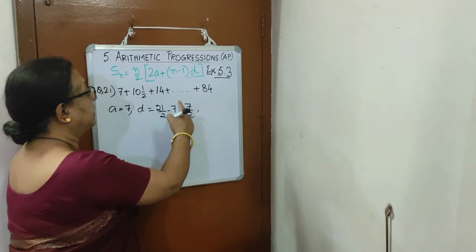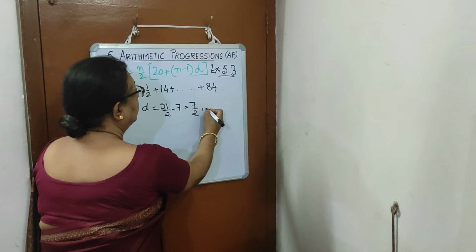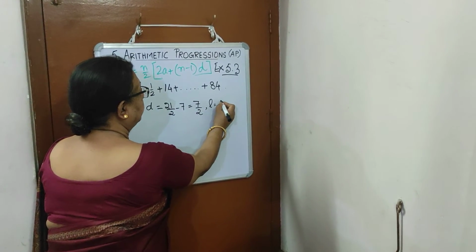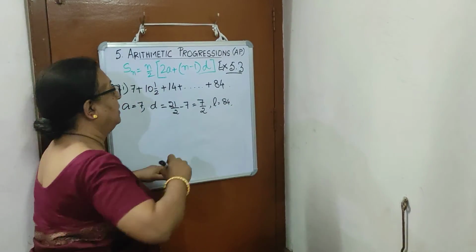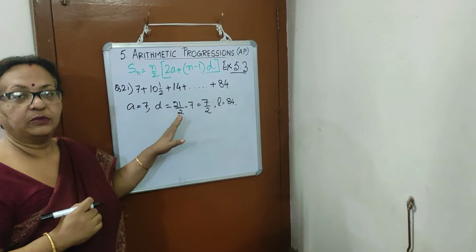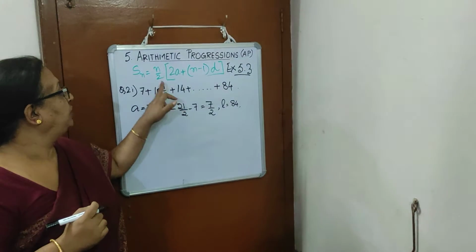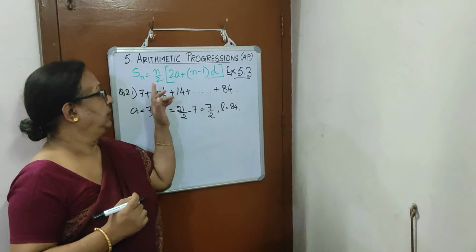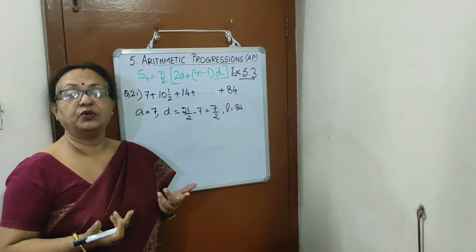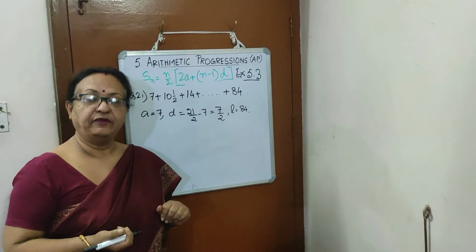What else is given? The last term is known to you. Nothing more given here. Now can we use this formula children? No, you do not know n. So how can we find out n?